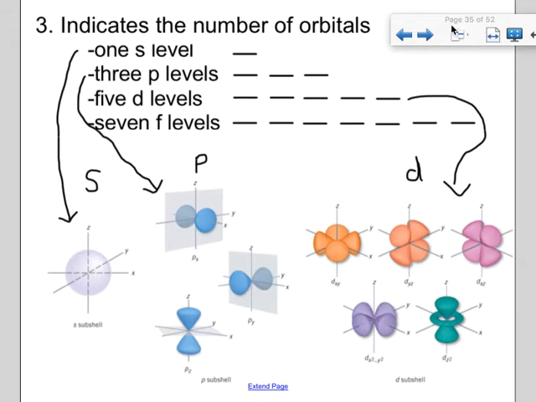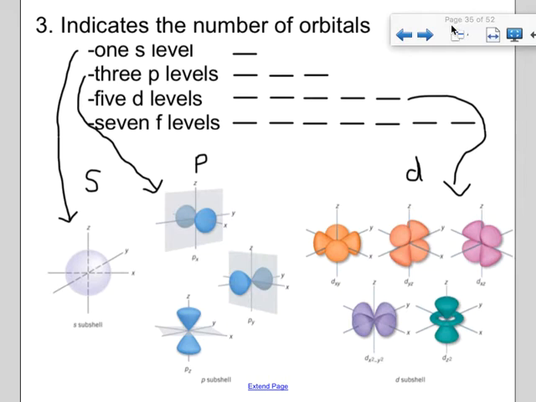Go across. 2p. We're in the 2p sublevel now. It can hold 6, but 6 plus 4 would overshoot; we want to get to 6. So how many? 2. So 2 plus 2 plus 2 is 6. This is what carbon looks like in electron configuration.